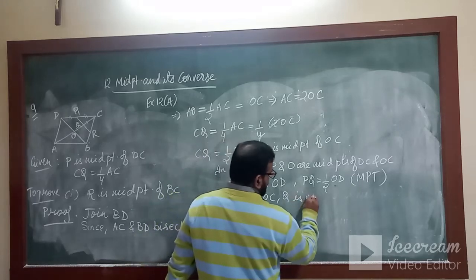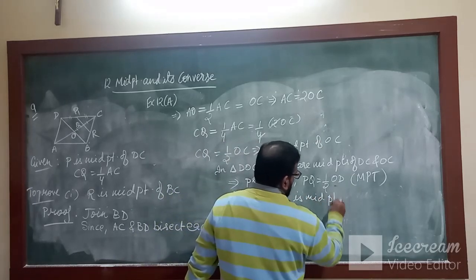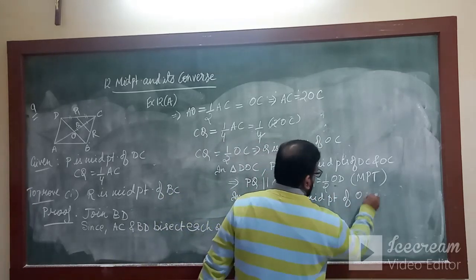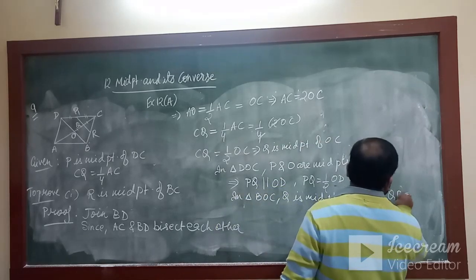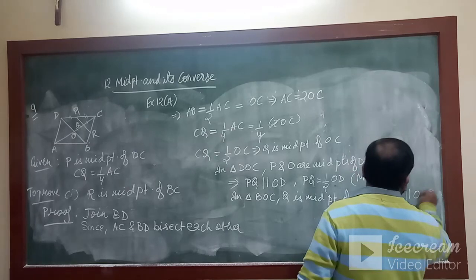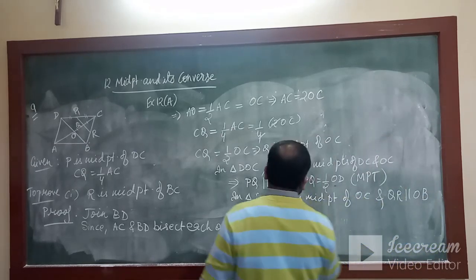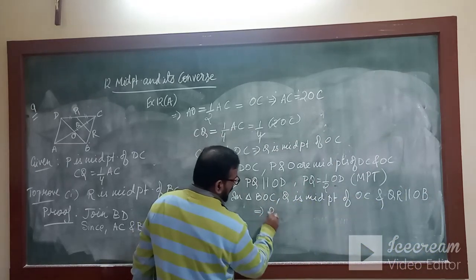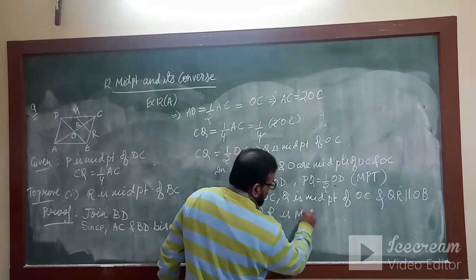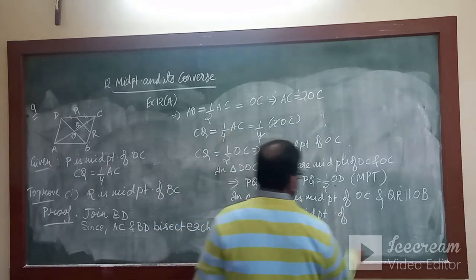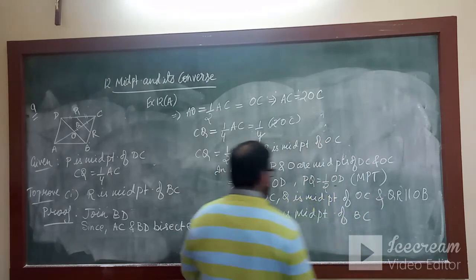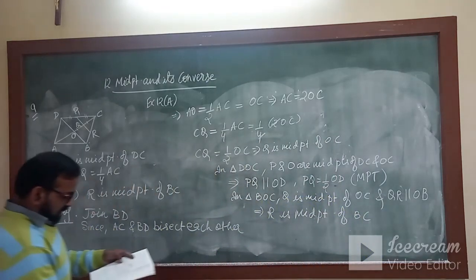Q is midpoint of OC and QR is parallel to OB. So that will give us R is midpoint of BC. Okay, so this is our first part.